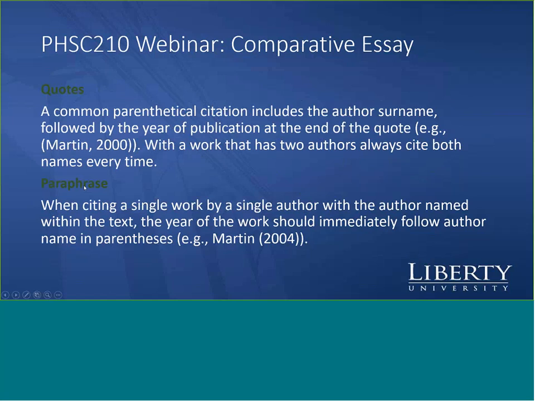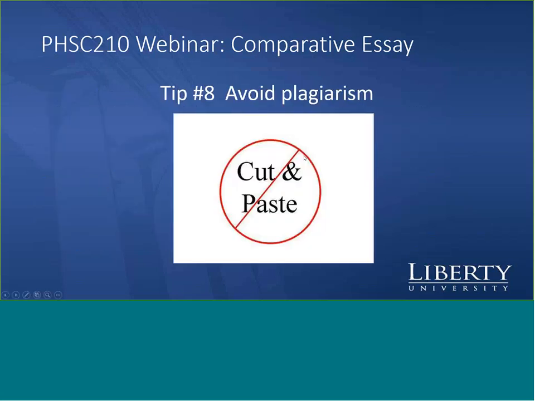When you're paraphrasing or referring to a work or a source, when citing a single work by a single author, the author's name appears within the text, and the date appears following the author in parentheses. So if you're talking about Martin, who wrote about the Old Earth View, then you would just simply follow his name with parentheses, and that tells your reader that that's the source that you're referring to.